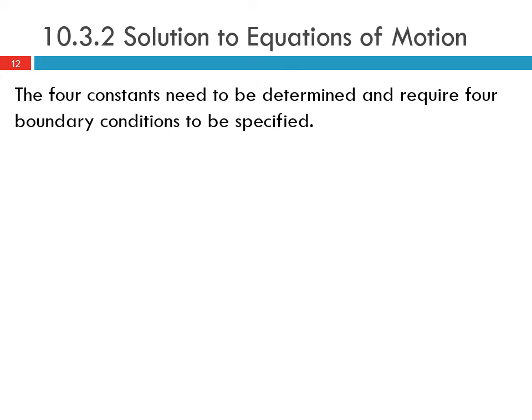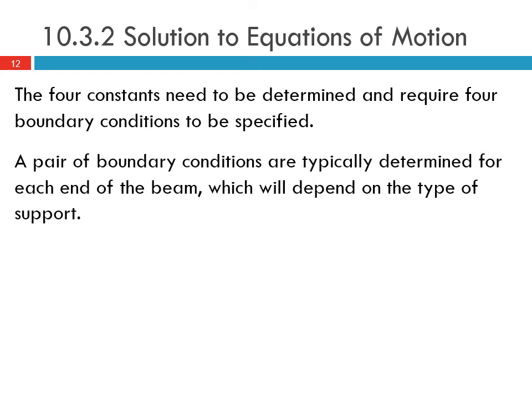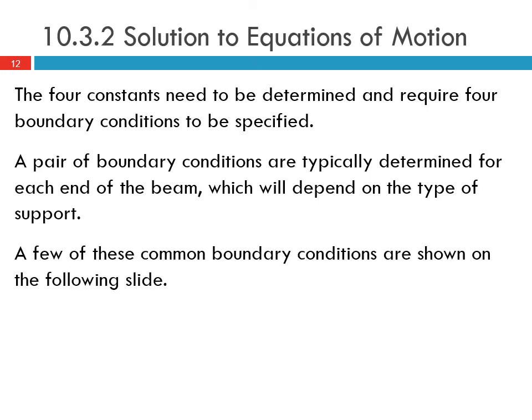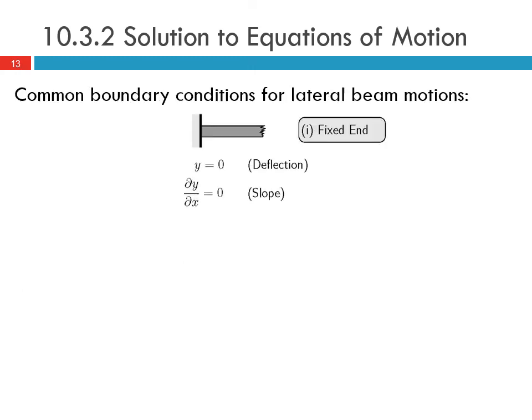So these four constants need to be determined, and they require four boundary conditions to be specified. Typically a pair of boundary conditions is determined for each end of the beam, and this depends on the type of support. A few common boundary conditions are shown on the following slide. For a fixed end, we would have that the deflection at the end is zero, so y is equal to 0, and the slope, partial y by partial x, is equal to 0.